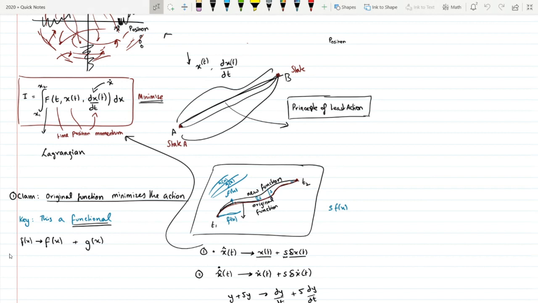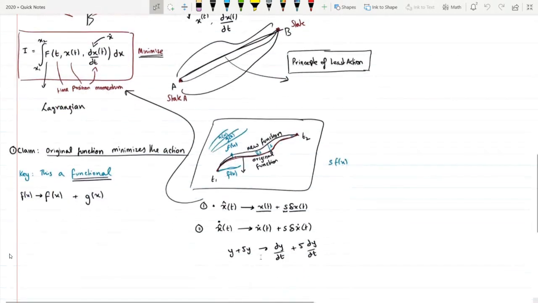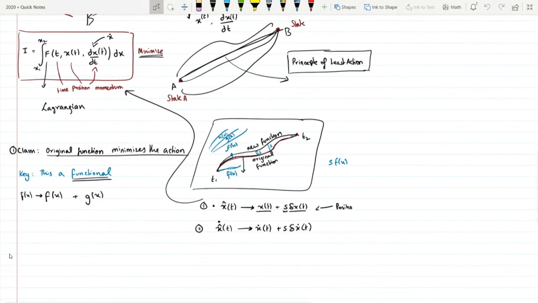That's all we've done so far. Is this clear? So remember, dot is just the derivative with respect to time. So what I've written down, this is my new position and my new momentum. You can think about it like that.